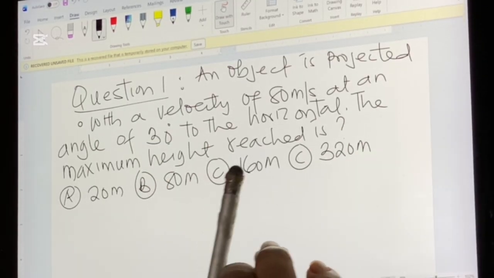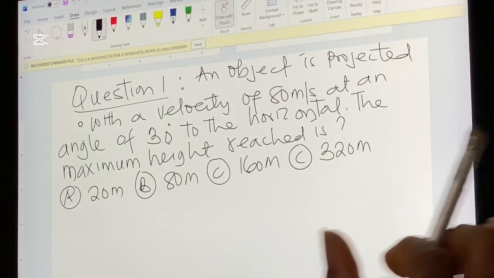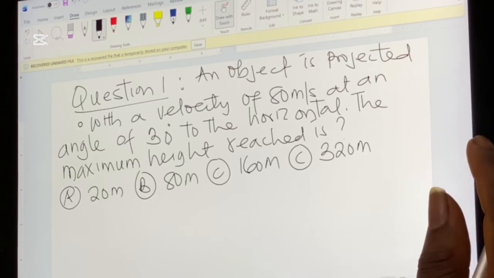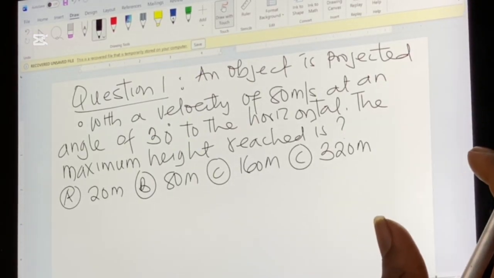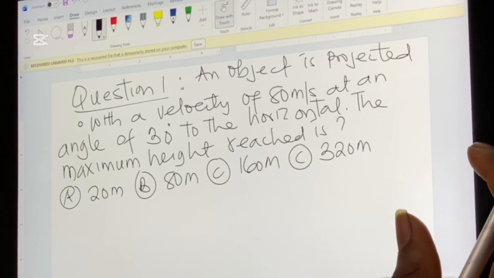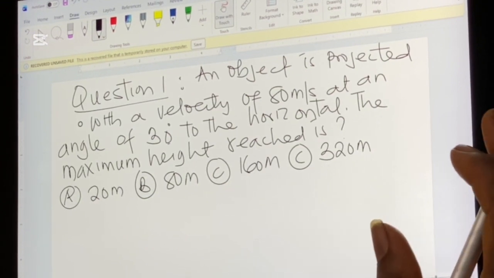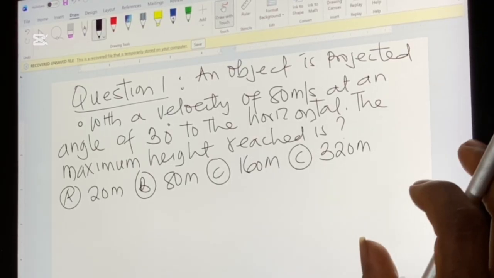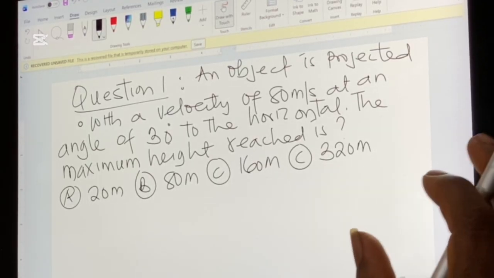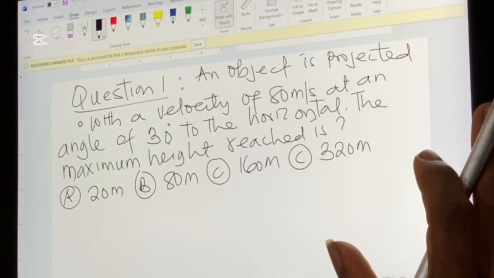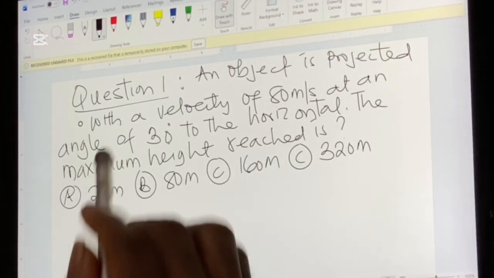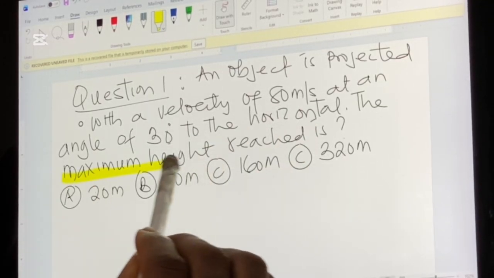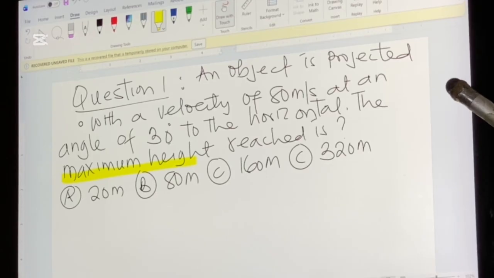The maximum height which is... Earlier I told us whenever we hear the word maximum height, it means that the projectile motion is in a parabolic path. From this word, maximum height, it means this question will be solved under the second shape.